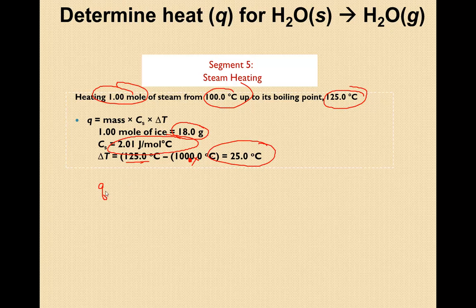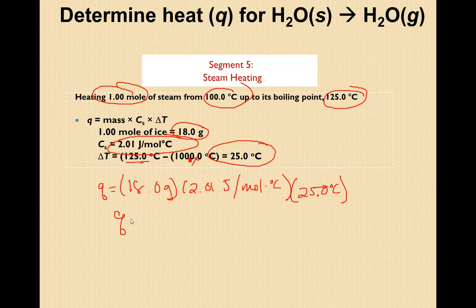So Q is equal to 18.0 grams times 2.01 joules per gram degree Celsius times 25.0 degrees Celsius. The heat comes out to be 904 joules, or 0.904 kilojoules.